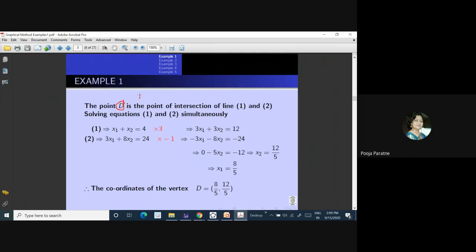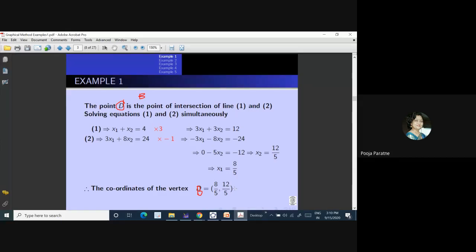This point we are considering as B. So multiply equation 1 by 3 and equation 2 by -1. Solving it here, you will get x2 is 12 upon 5 and x1 is 8 upon 5. Therefore, the coordinates of this vertex B are 8 upon 5 and 12 upon 5.